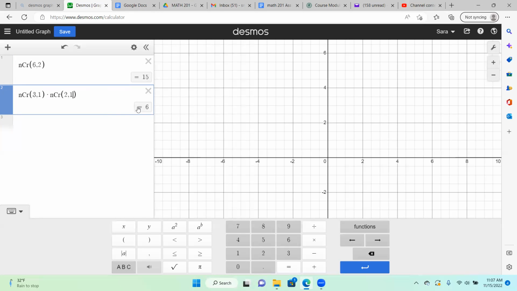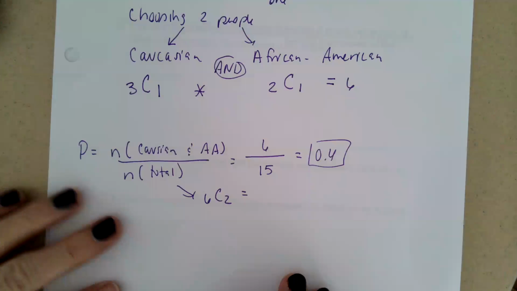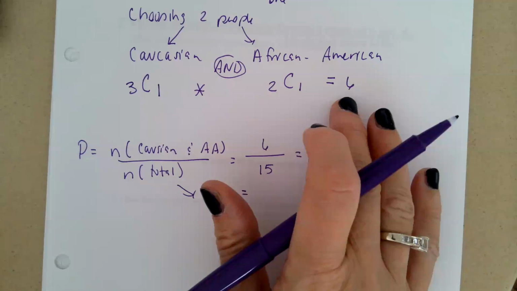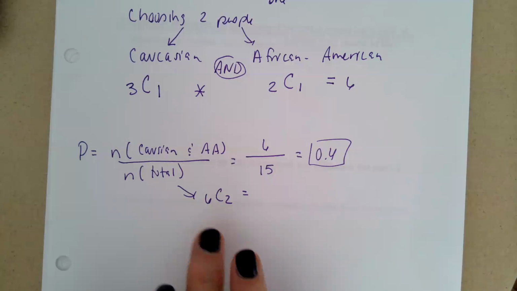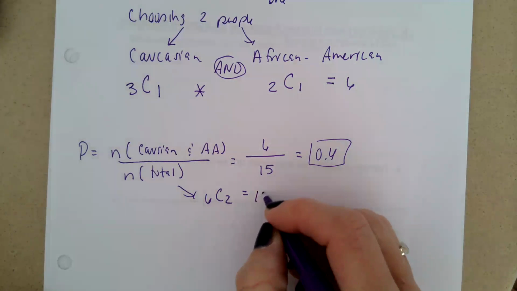So there's 6 ways that I can choose 1 Caucasian and 1 African American. So my fraction is going to be 6 divided by 15, or 0.4 is the probability, or 40%. So there's the work. 6 ways I can choose my specific people divided by the number of ways that I can choose any 2 people out of the 6.